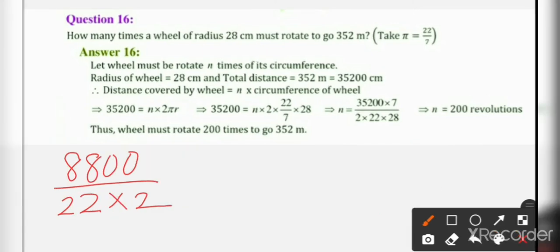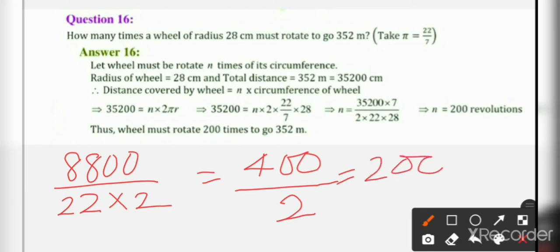Children, I have written it once more: it becomes 8800 divided by 22 into 2. That 4 changed to 2. Now 22 into 4 is 88, then 0 0, so it can be written as 400. 400 divided by 2 is equal to 200.